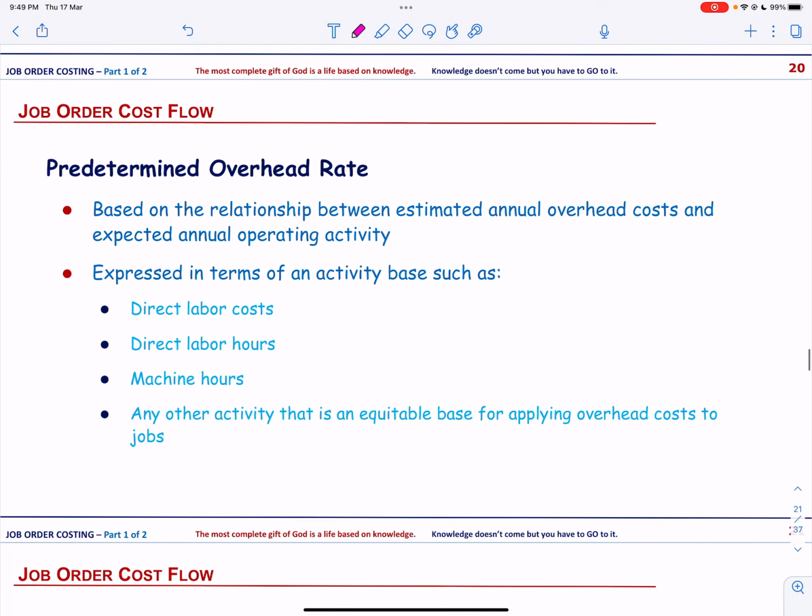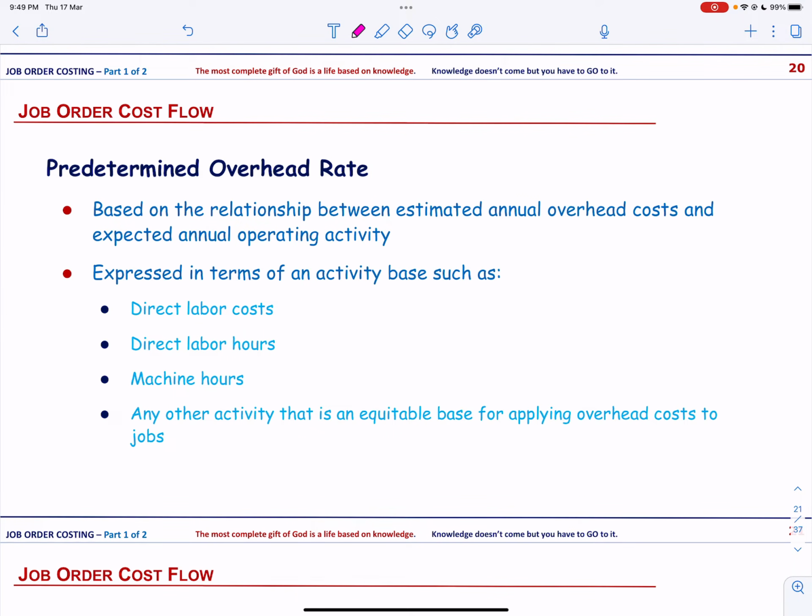The predetermined overhead rate is based on the relationship between estimated annual overhead cost and the expected annual operating activity, expressed in terms of a common activity base.